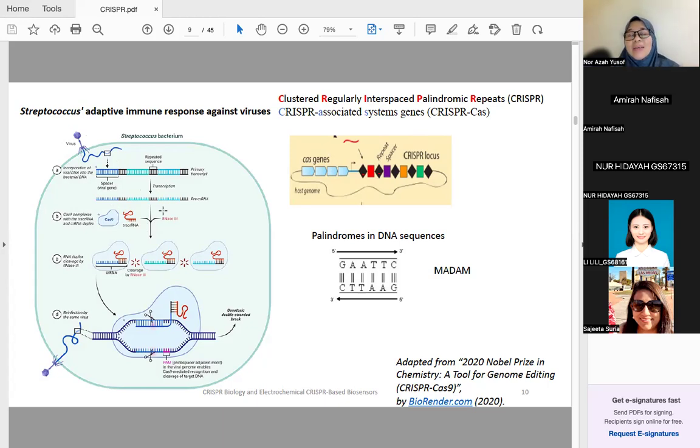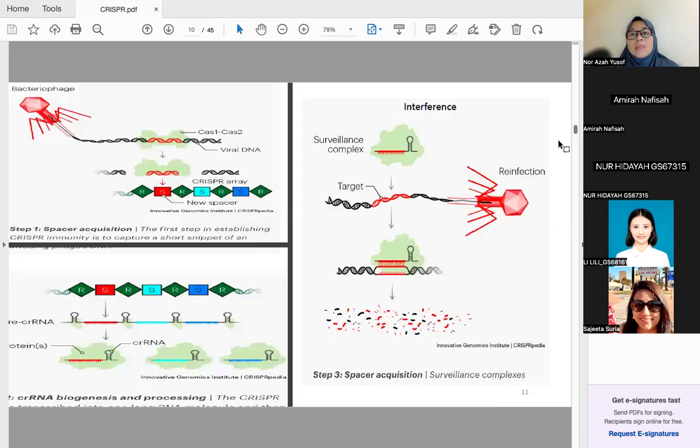By cutting the virus, the virus will be killed. So that is basically the defense mechanism of the bacteria, the basis of CRISPR.